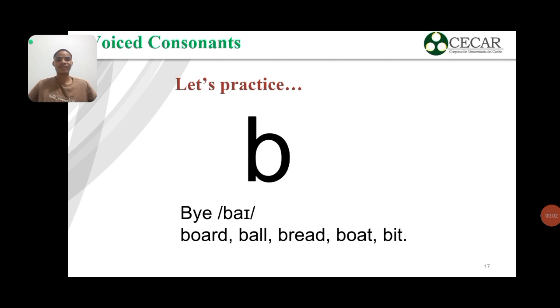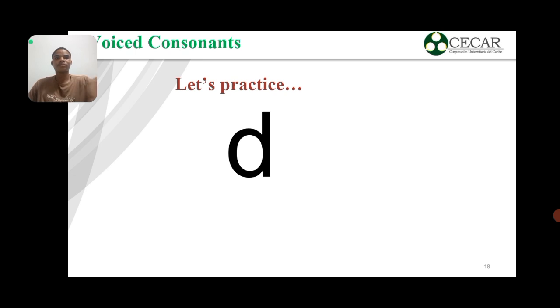This consonant is the letter B. It is pronounced like this: ba, ba, ba. Let's pronounce the next words. Buy, bird, bow, bread, boat, bed. Let's continue.